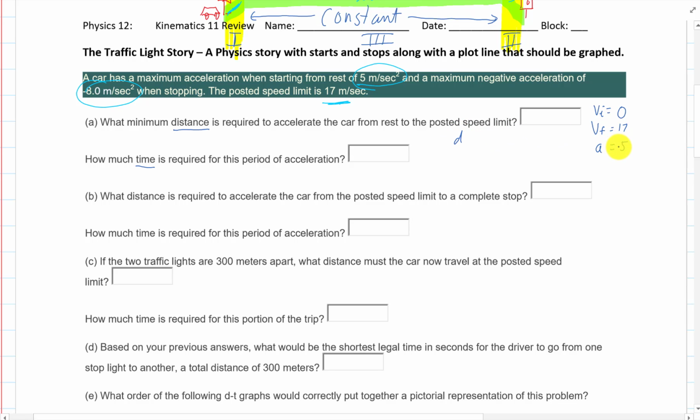The distance formula without time, you would probably use VF squared equals VI squared plus 2AD.